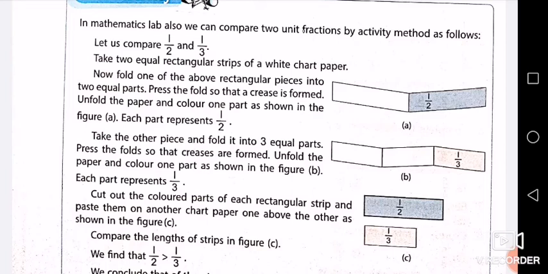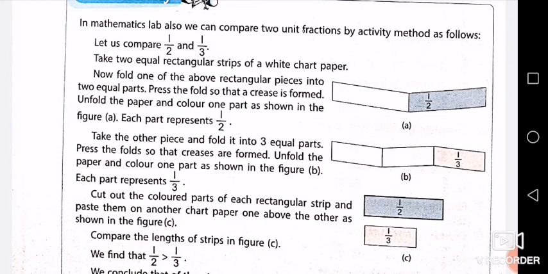So take any color chart paper, white, yellow, whichever color chart paper or A4 size paper you have at your home, and with that chart paper cut out two strips of equal size.